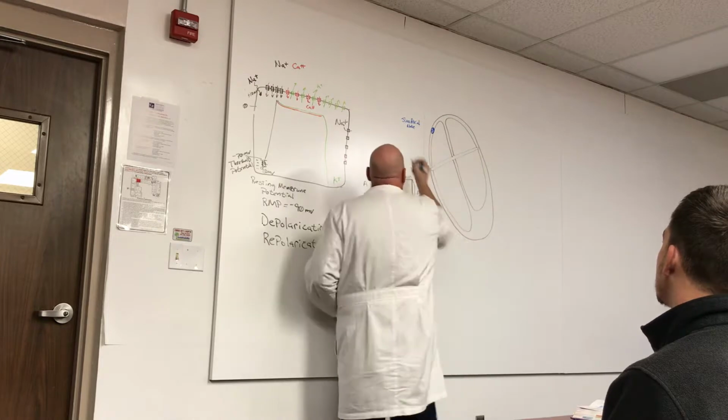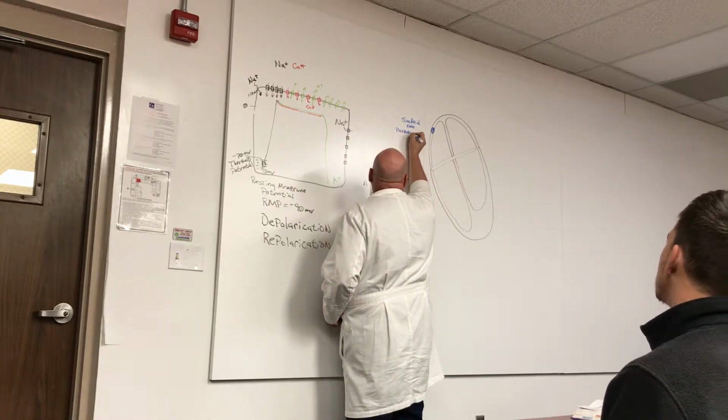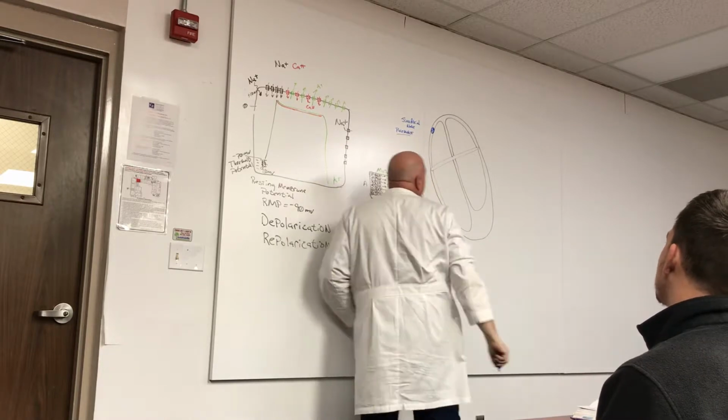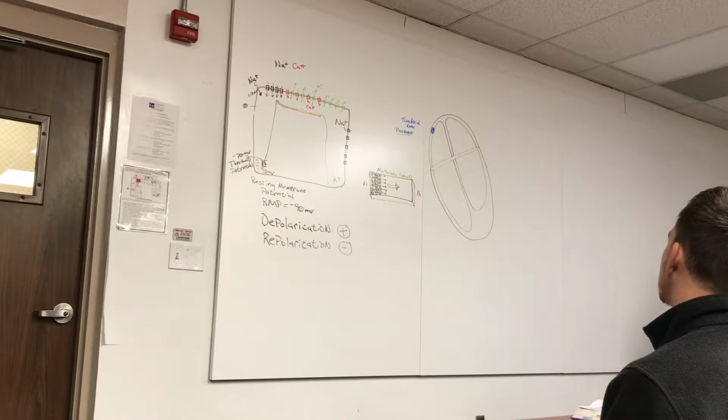It is the pacemaker of the heart. Right? It sets up the rhythm of the heart. Normal rhythm being 70-ish, 72-ish, right? Okay, so sinoatrial node. All right, so once we stimulate the sinoatrial node, what happens to the myocardial cells?